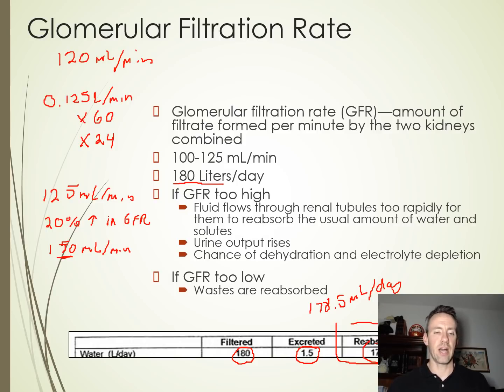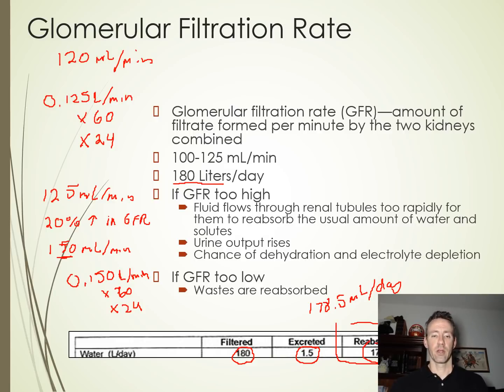If I had a GFR that increased by 20% and I didn't do anything to adjust it, and it just went up to 150 mils, what would be my total GFR per day? You do the same calculation: 0.150 liters per minute times 60, which gives us per hour, times 24, which gives us per day.